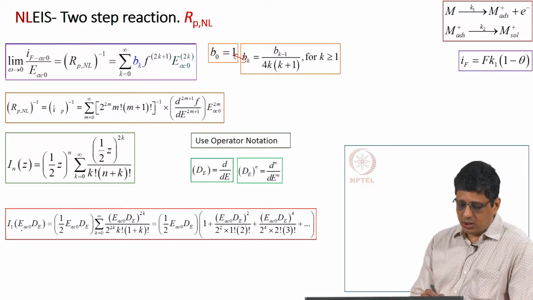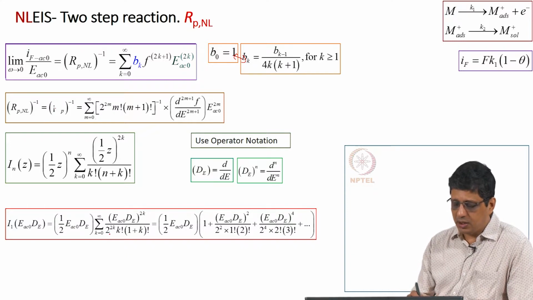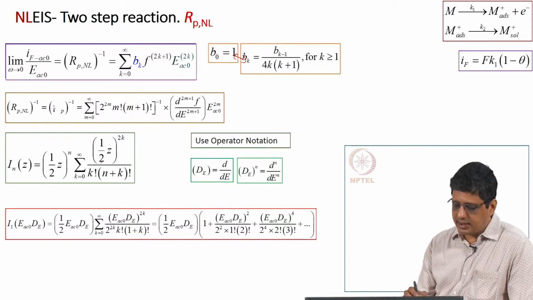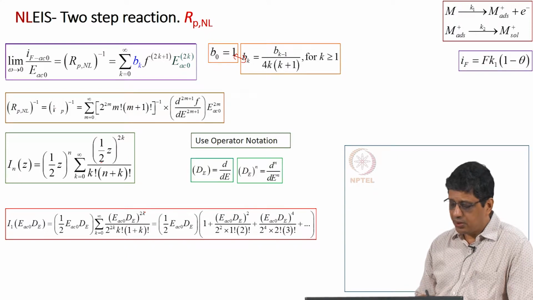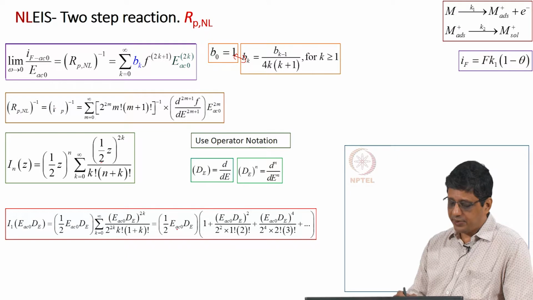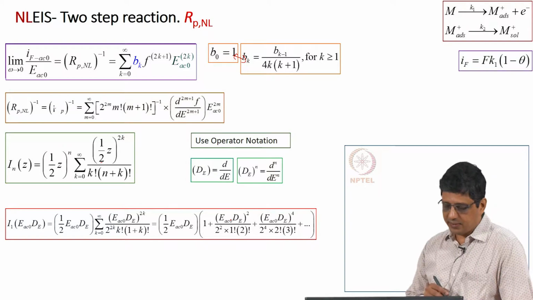Now, if I substitute here, I would find it is 1 by 2 EAC 0 DE, and you can substitute in the expression here this 2 power 2 k, k factorial 1 plus k factorial. This 2 power 2 k comes from here, and z power 2 k is EAC 0 DE power 2 k. This essentially is 1 by 2 EAC 0 DE. You can expand this series and compare with the terms here.